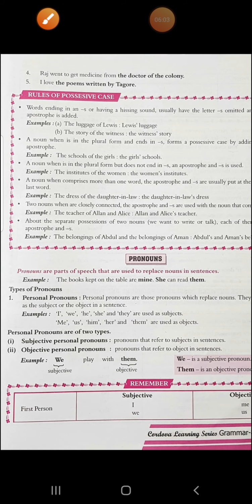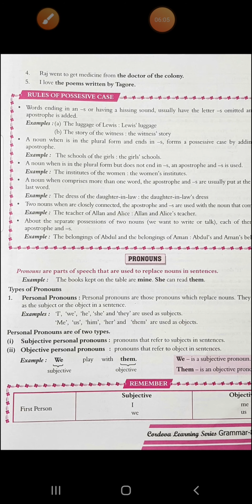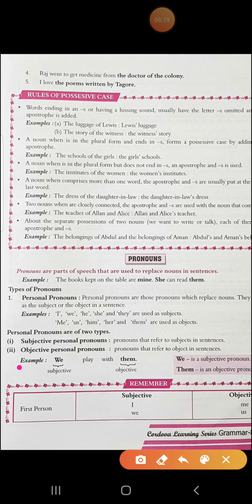So personal pronouns are of two types: subjective personal pronouns, those pronouns that refer to the subject in sentences. And what is an objective personal pronoun? Pronouns that refer to the object in a sentence. See this example: we play with them. So here we is a pronoun, them is also a pronoun, and we is functioning as subject and them is functioning as object.